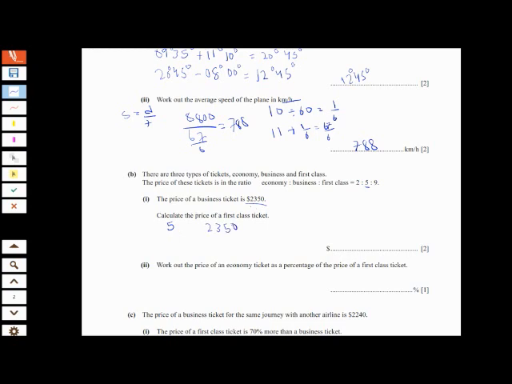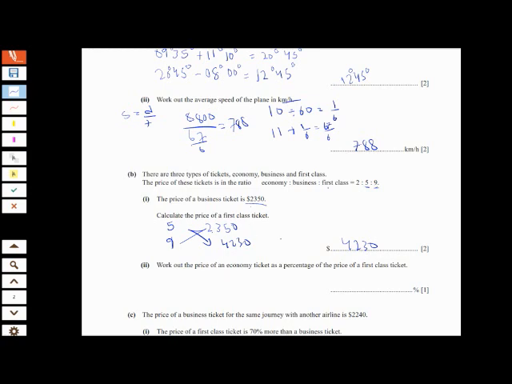First class ticket is 9, so you write 9 under the 5 in the ratio column. Cross multiply: 9 times 2,350 divided by 5, and you get 4,230. That is the number.